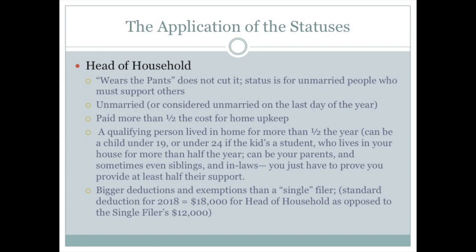This qualifying person can be a child under 19, or if the child is a student, under 24. The qualifying person can also be the taxpayer's parents and sometimes even siblings and in-laws. You just have to prove that you provide at least half their support.